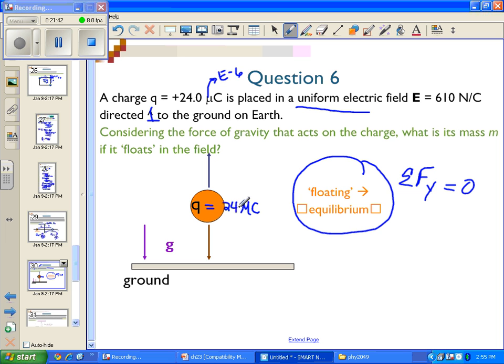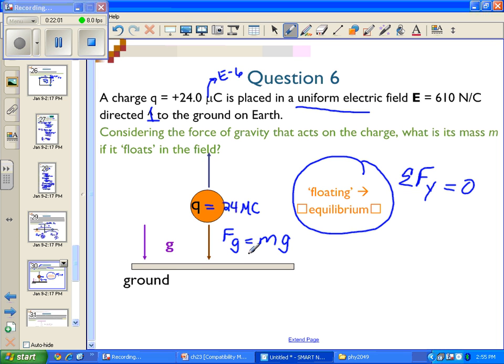Now let's notice that the gravitational field is directed downward as it always is, and of course the force of gravity on this charge is equal to mg, downward.